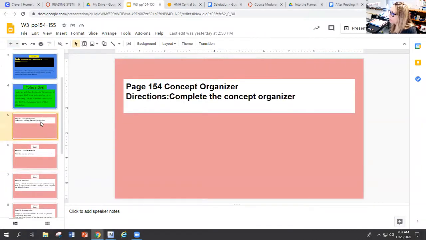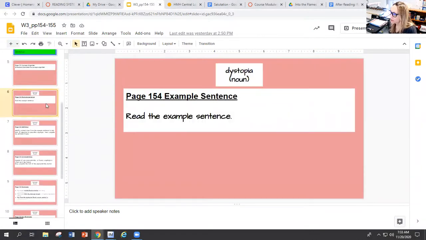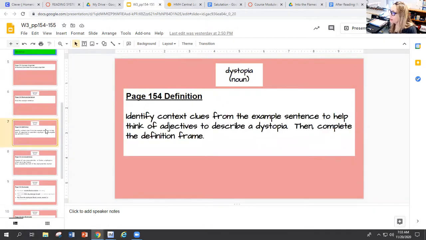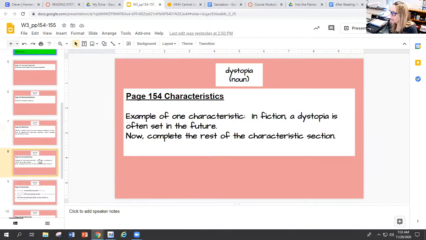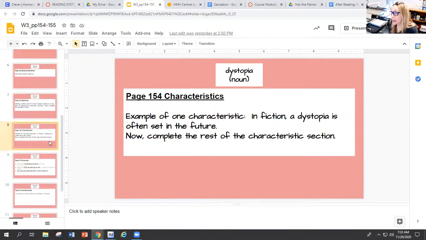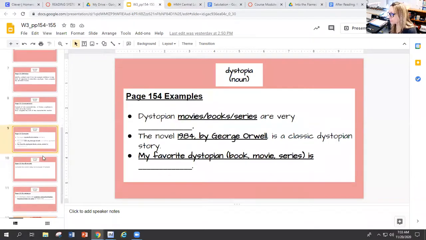So for 154, I have the directions for 154. And then to help you out, just remember a reminder to use the context clues. I gave you an example for one characteristic. This is where I filled in a little bit.